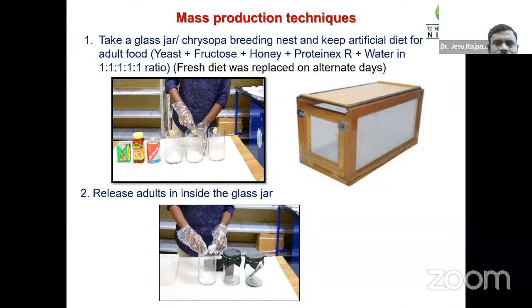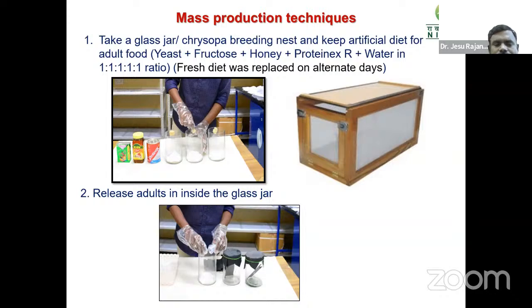In natural conditions they feed on nectar or pollen from flowers. But in laboratory conditions, you prepare an artificial diet. It is a very easy method. Just take yeast, fructose, honey, protein, and water. These 5 contents you take in a 1:1 ratio, just a pinch, a very small quantity is enough. Each and every day, prepare the fresh diet.